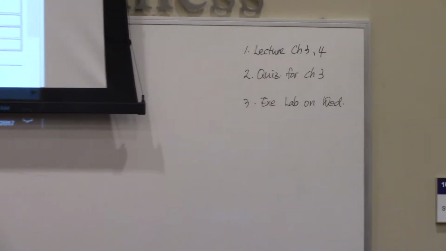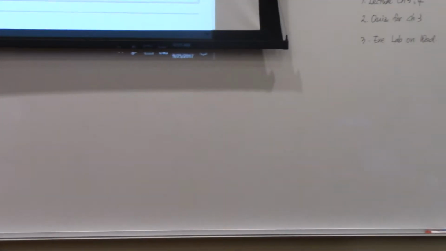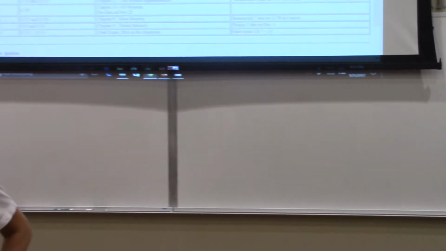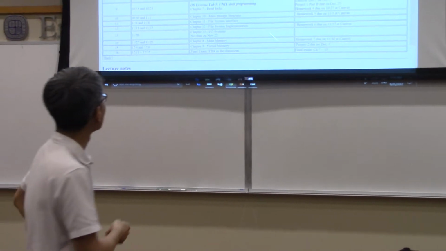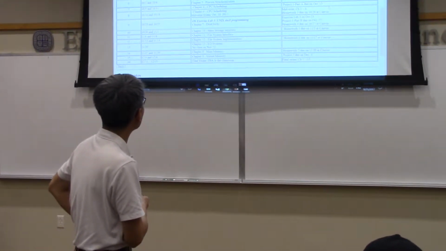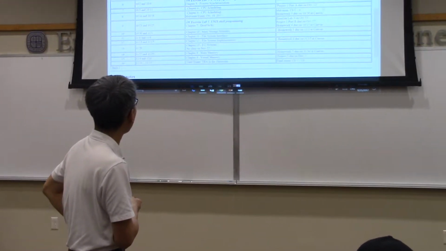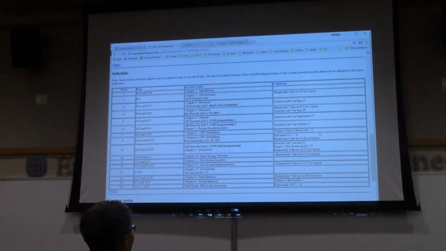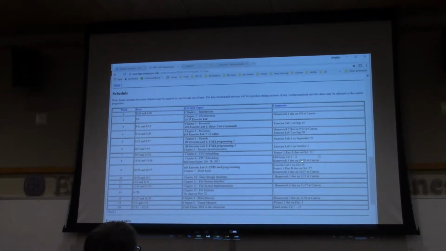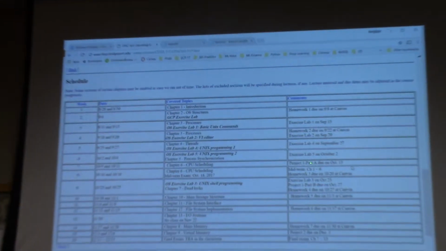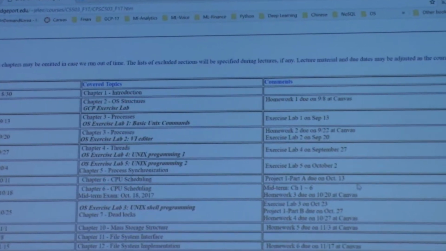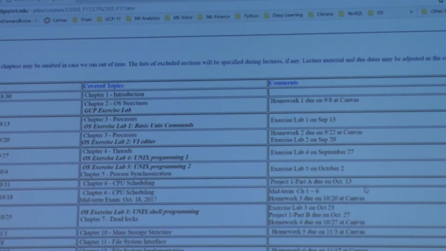He will give more information about the exercise lab programming assignment. That's the reason I put Unix programming 1 and 2 earlier, because those are required to finish the first part of the project. Any question before we start?